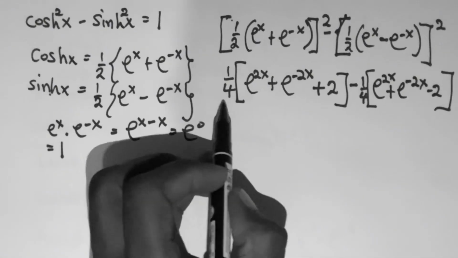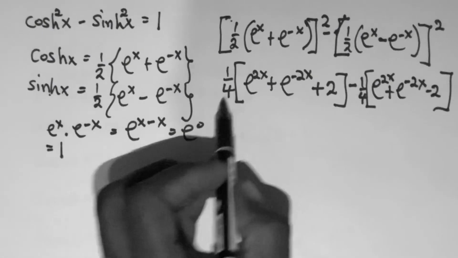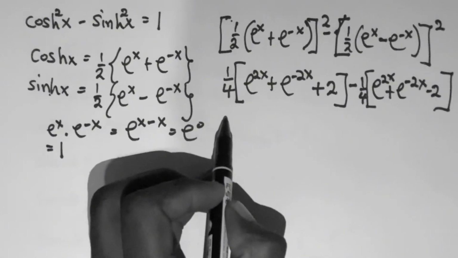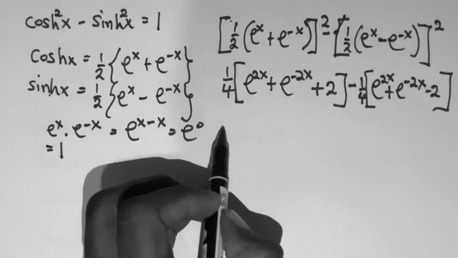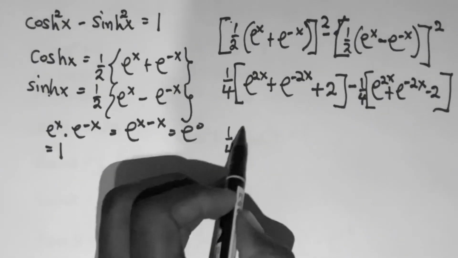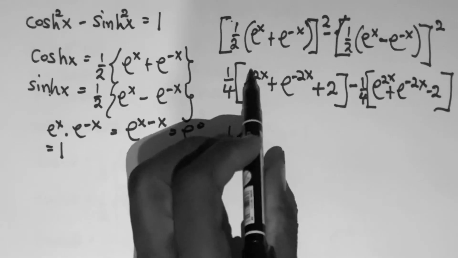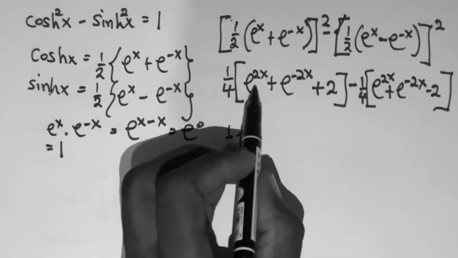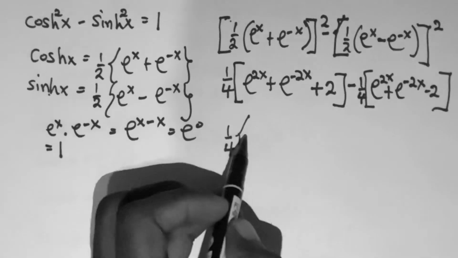Now we can factorize 1 over 4 out of the equation, so this is equal to 1 over 4. Here's exponent 2x, then here's exponent 2x.